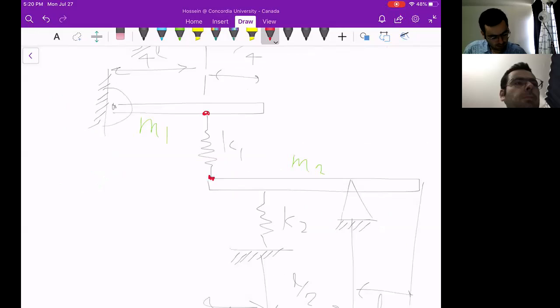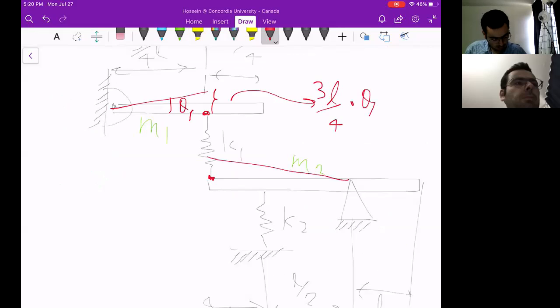So this displacement would be 3L/4 multiplied by theta 1, and this is going to be 3/4 L multiplied by theta 2.